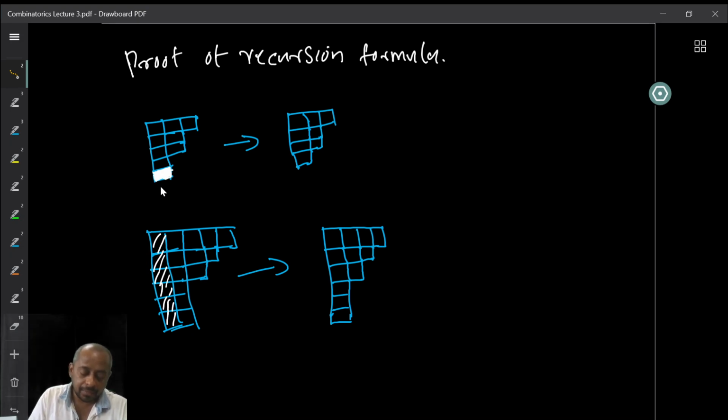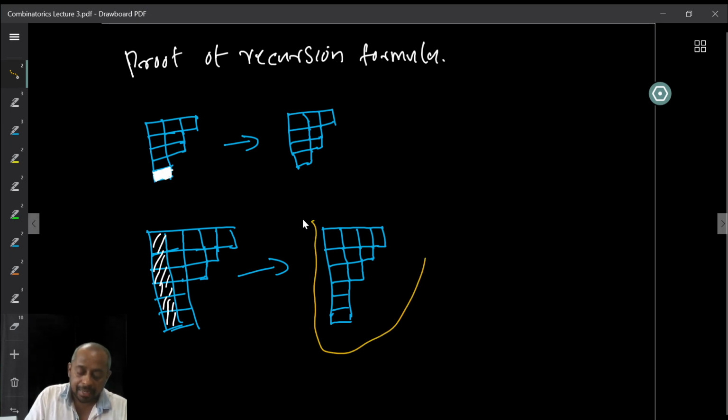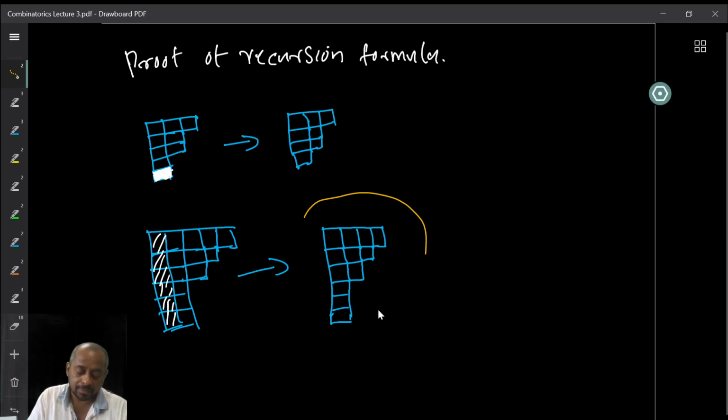Similarly, if you have at least two elements in the last row, then two columns are full columns. So what I can do is remove the entire first column from this. Then I will get a Ferrers diagram here where the number of rows is the same because I have only removed the first column, but the second column is also full.